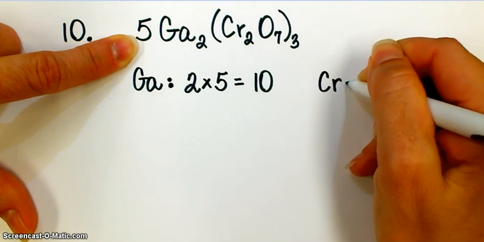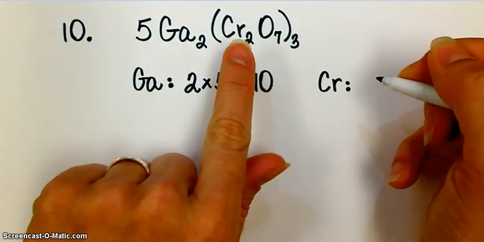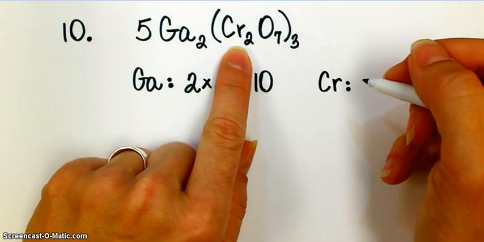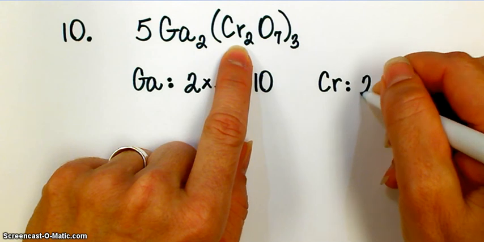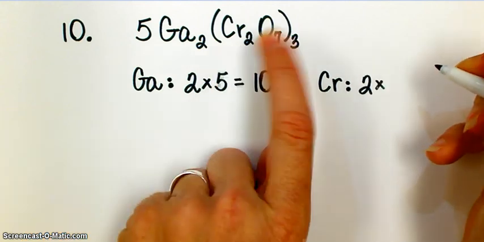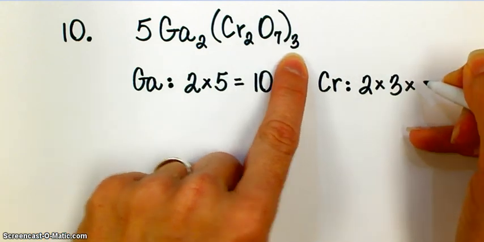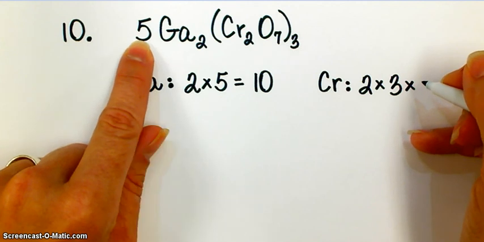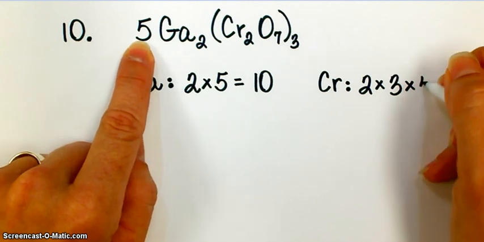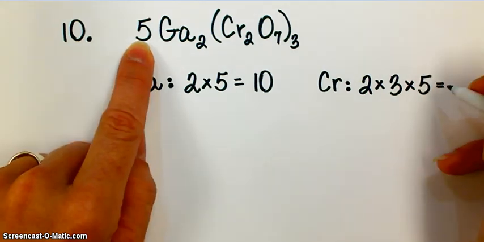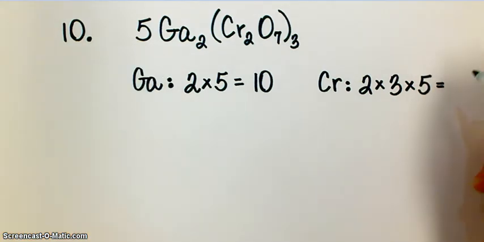Cr is chromium. Inside the parentheses, the subscript on chromium is 2. Outside the parentheses is 3, so times 3. 2 times 3, and then times the coefficient of 5, which is 30.